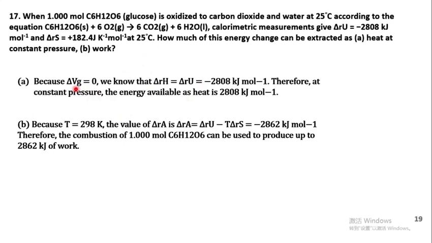For the first part, because the volume change in this reaction is 0, because the oxygen's volume equals the carbon dioxide volume, we have delta H equals delta U. Because delta U equals delta H minus delta PV, and delta V equals 0, we have delta H equals delta U. So therefore the energy available as heat equals this.